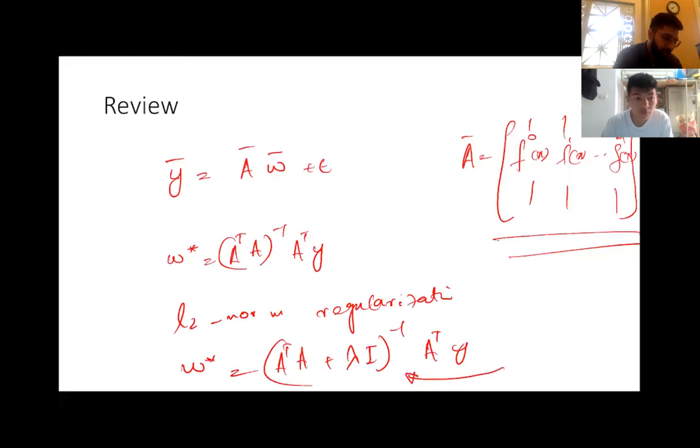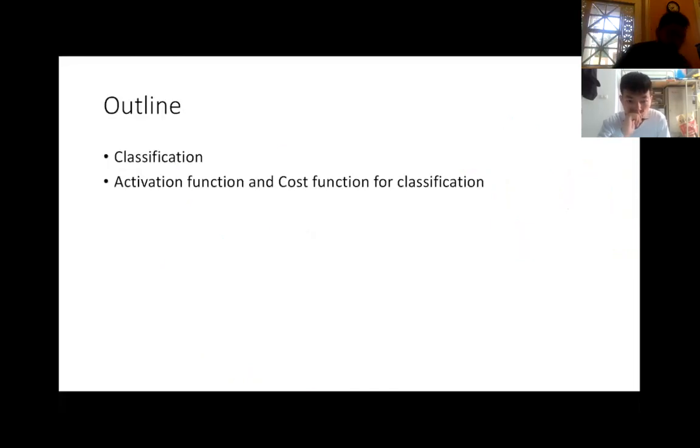The design choice is to choose the right value of lambda. You don't want too small a value of lambda, in which case you would have overfitting. You don't want too large a value of lambda, in which case all your weights would be close to zero. Okay. So with this, let's look at an outline for today's lecture.